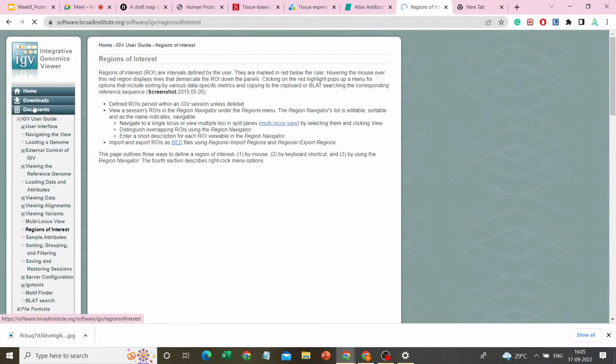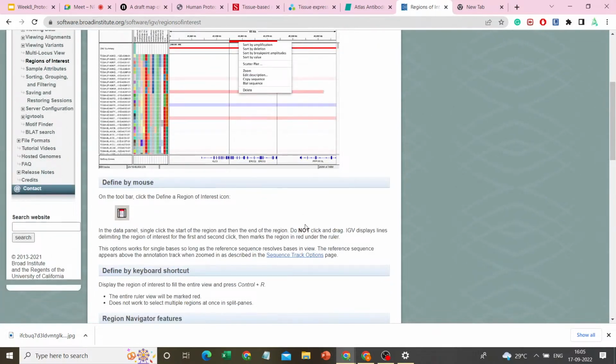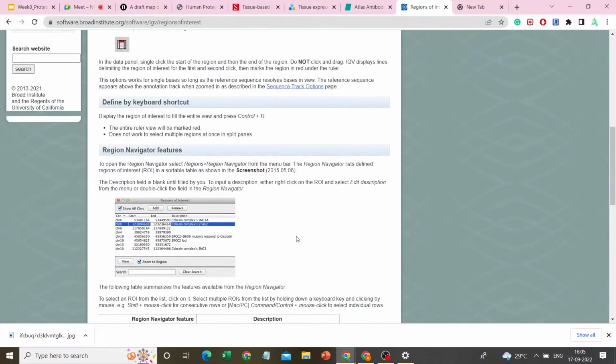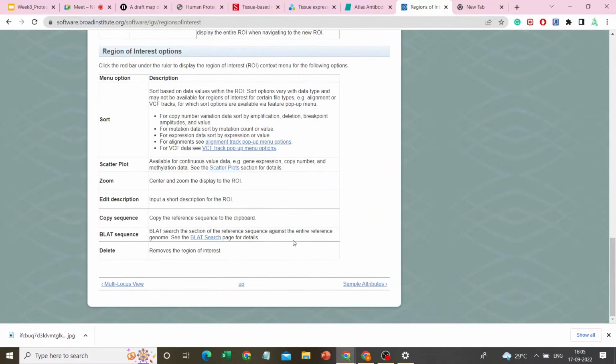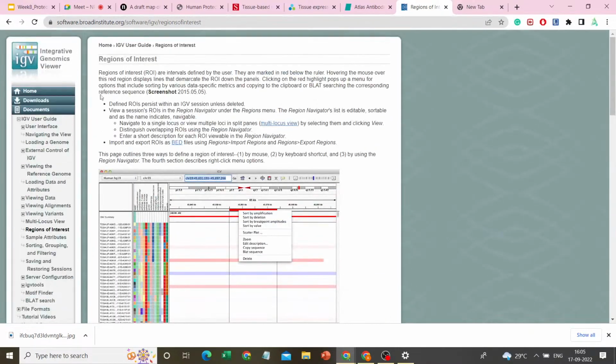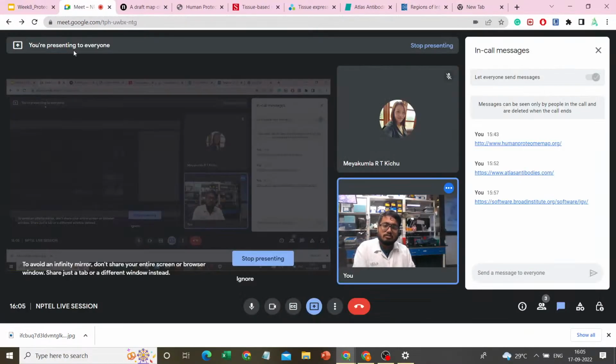Then the regions of interest. If you just go through it, you can understand how much more you can know. Mostly the color schemes, and how to look at the bases and base pairs, and from there you can try to identify the novel protein coding genes, as shown in the video of the IGB hands-on session, that you can identify the protein coding regions and then what would be the novel proteins.